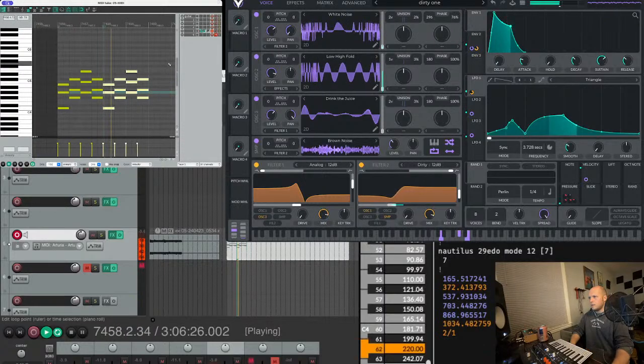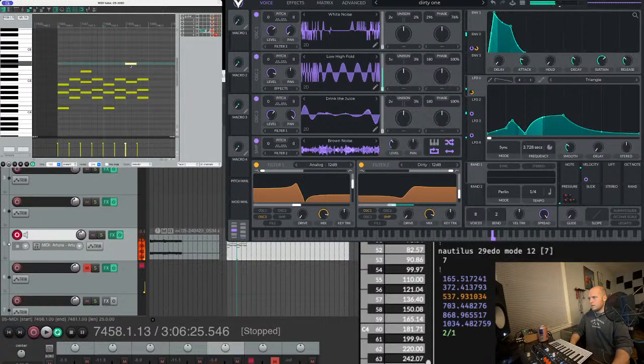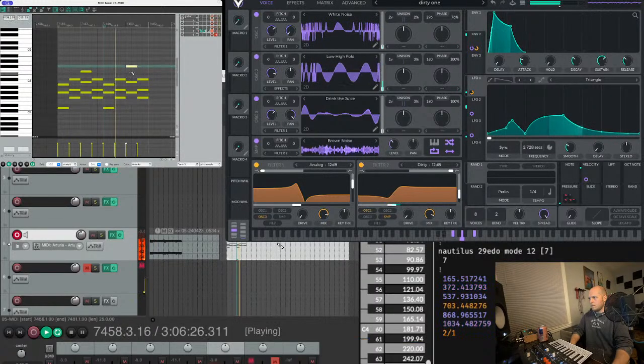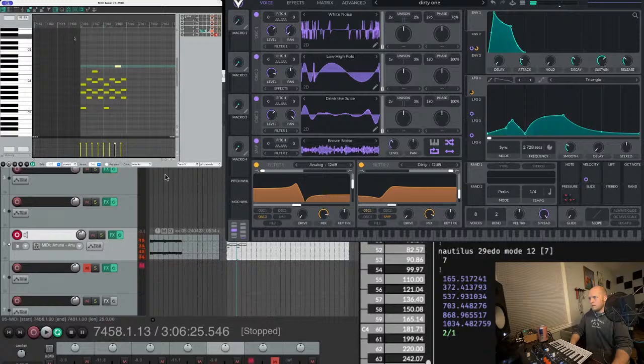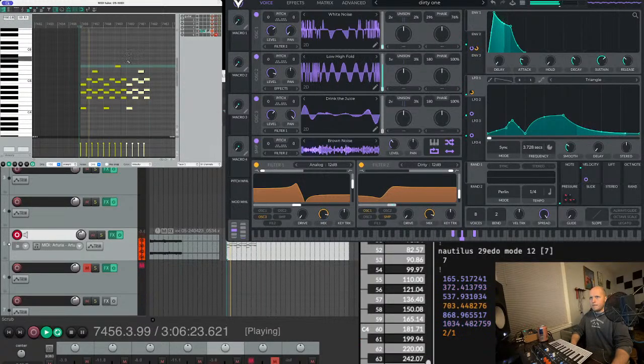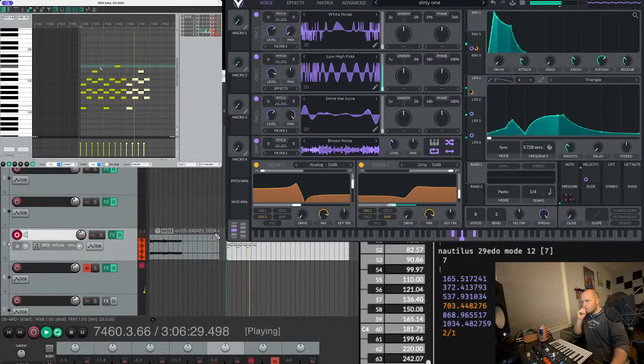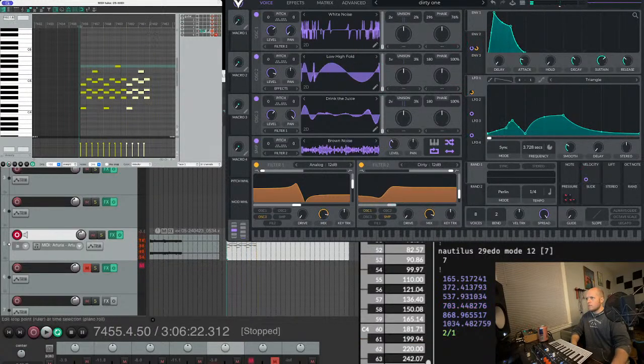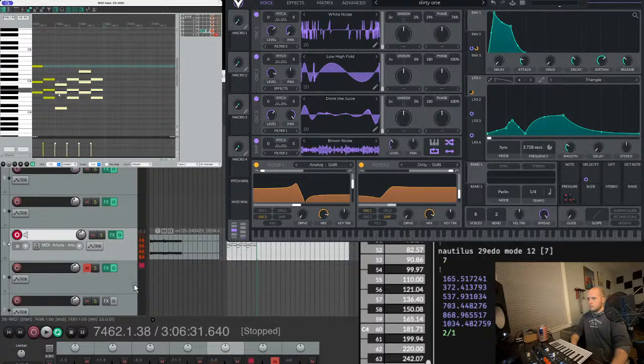Except maybe this. And then does this again. And then does something else here. So this is what I'm thinking. The first chord's probably going to be the same. And then we're going to go down instead of up.